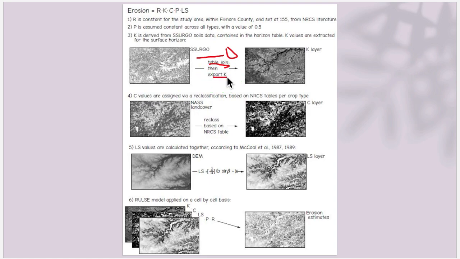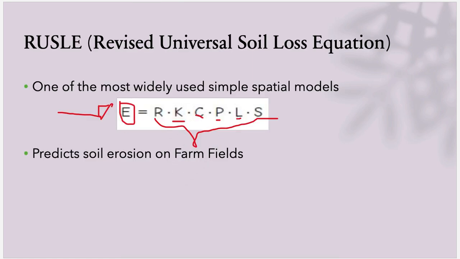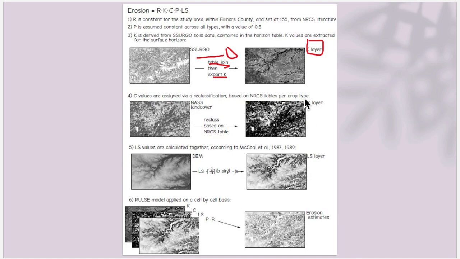After the table join, we have our K layer, which is part of our equation, and we can see our C layer, our LS layer, and our PR layer. When you combine these layers into that equation, you get your final erosion estimates, your final map.